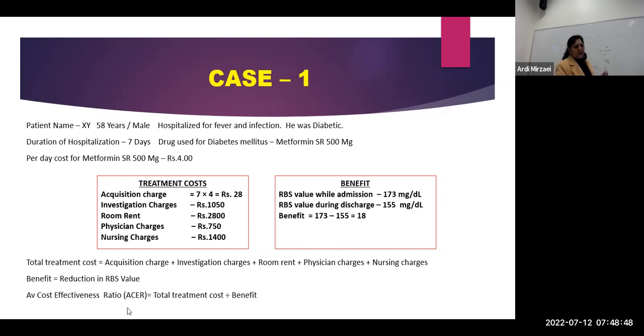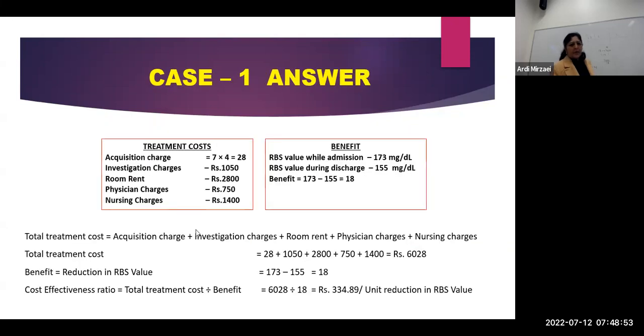That is the average cost effectiveness ratio. Now this is how I have worked it out. Total treatment cost, I've added everything: ₹6,028. Benefit is 18. So cost effectiveness ratio is 6,028 divided by 18, which is 334.89 rupees it is costing for unit reduction in the RBS value.